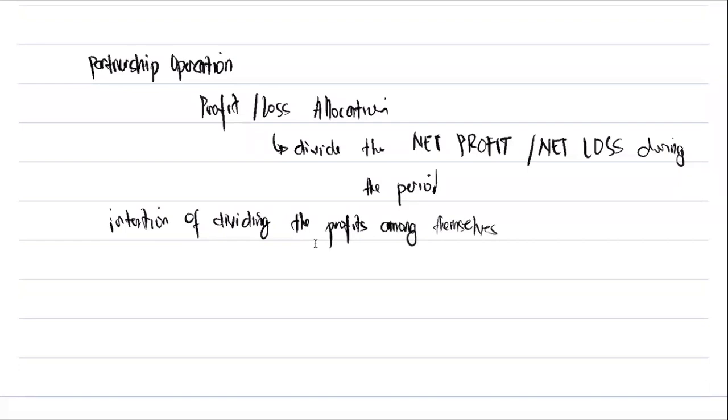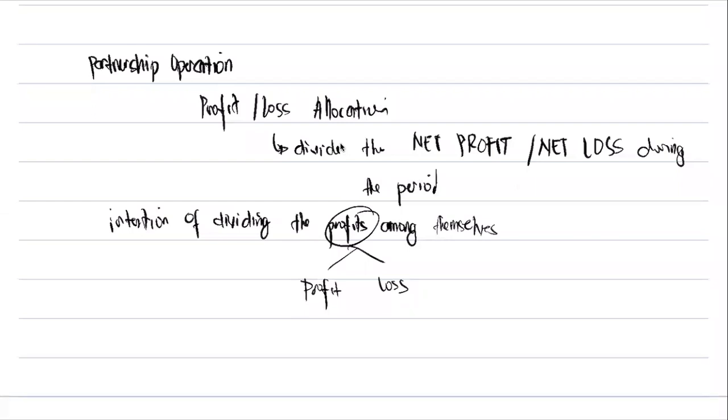This intention of dividing the profits among themselves means not only profit but also loss. So, when we say partnership operation, our main focus really is the profit or loss allocation, which means the division of your net profit or net loss during the period to your partners.